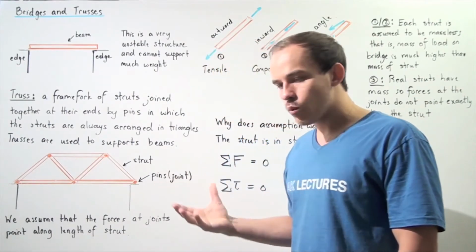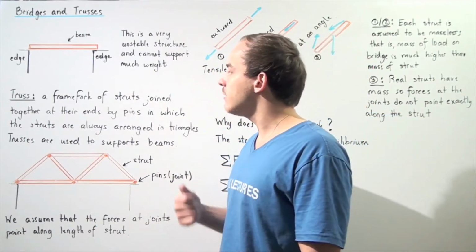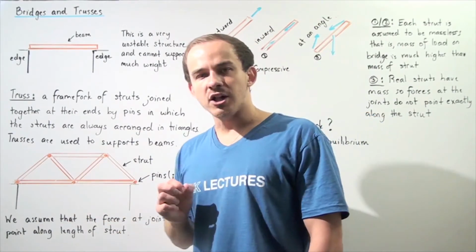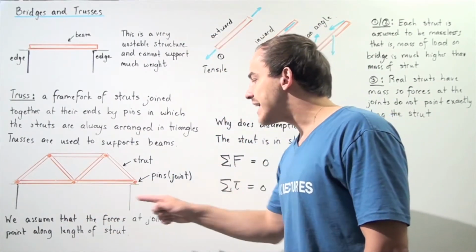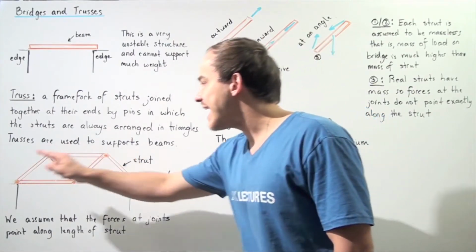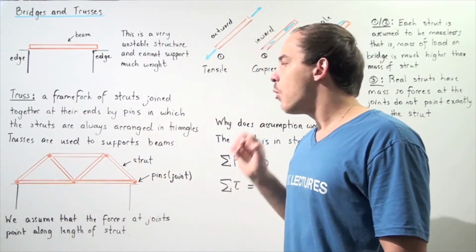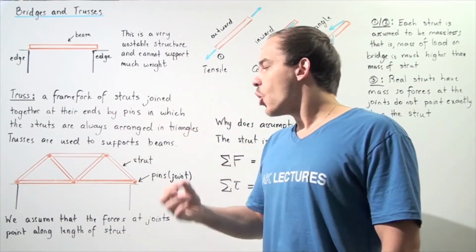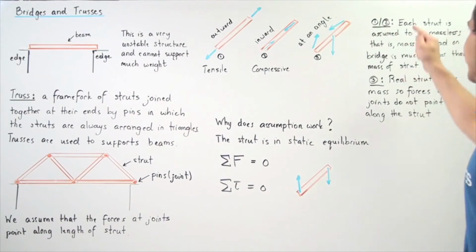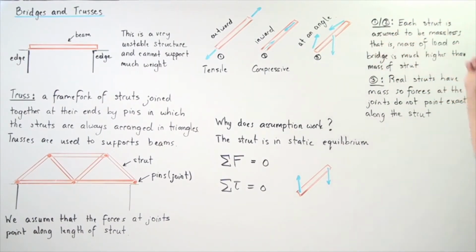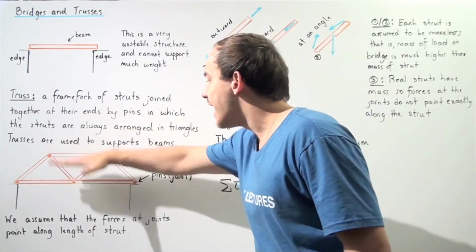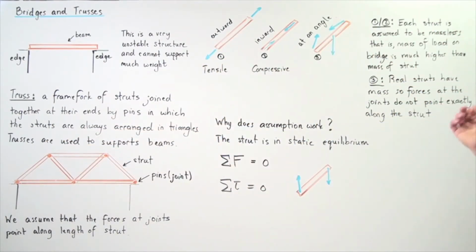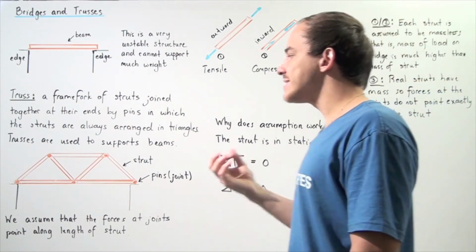Now, usually when we're solving examples that involve trusses, we make the following assumption. We assume that the forces acting at the joints, at the pins, point along the length of the strut. So what we're basically assuming is that each strut is massless. That is, the mass of the load resting on the beam is much higher than the actual mass of that truss, so we can neglect the mass of the truss.